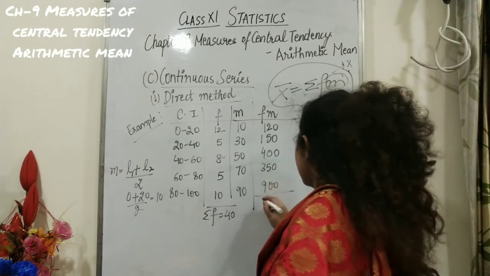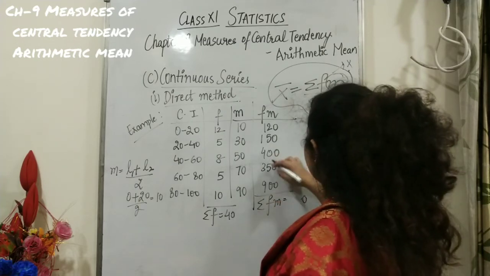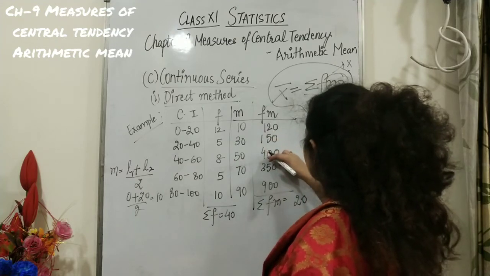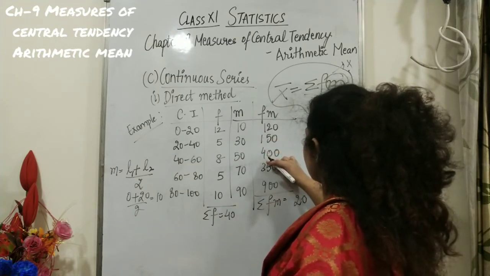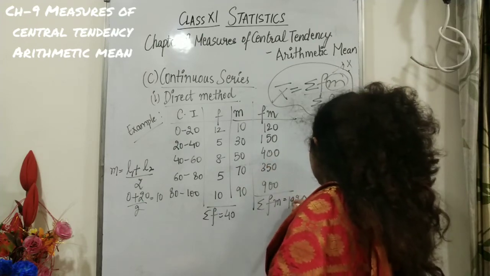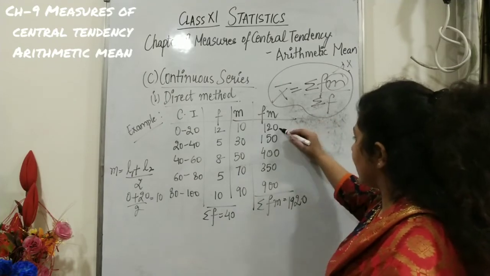So adding all this, you will get summation fm. That will be 1920 is summation fm.